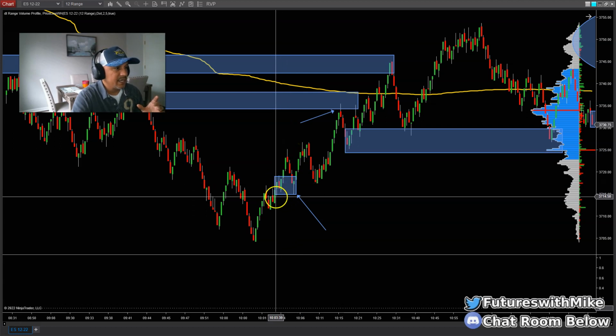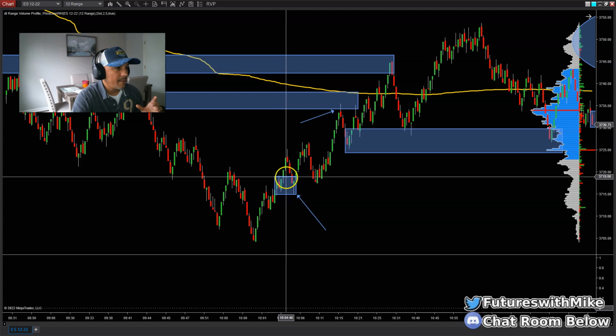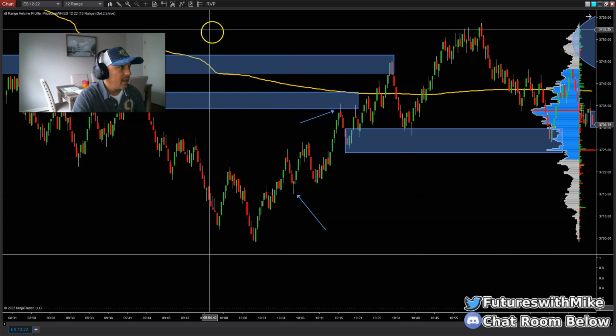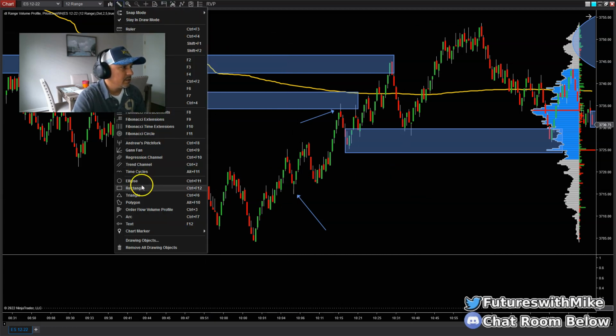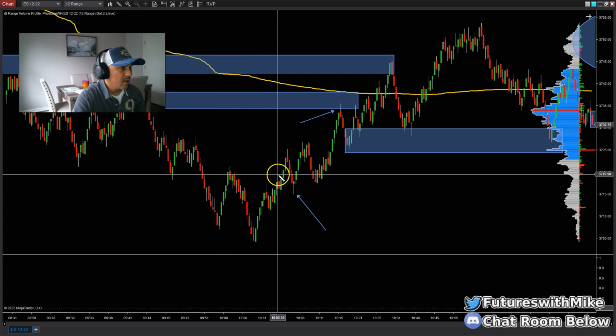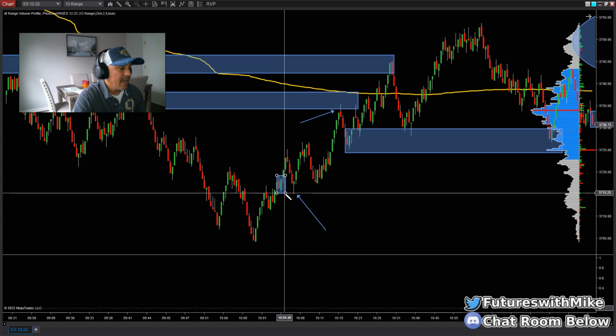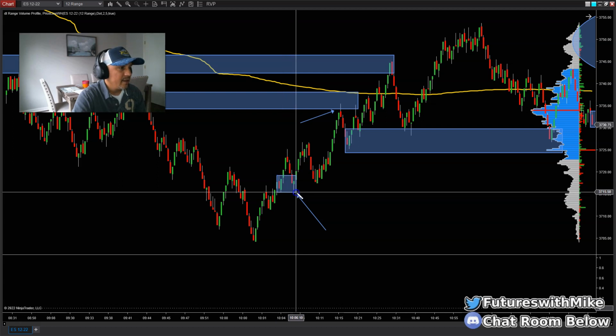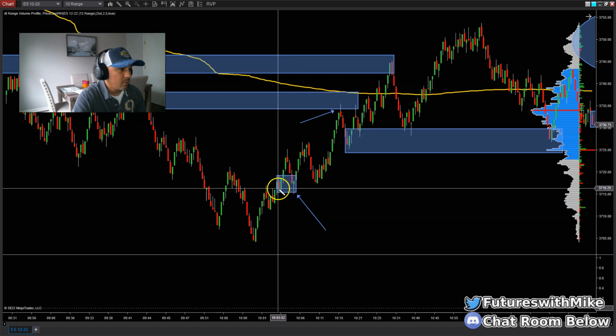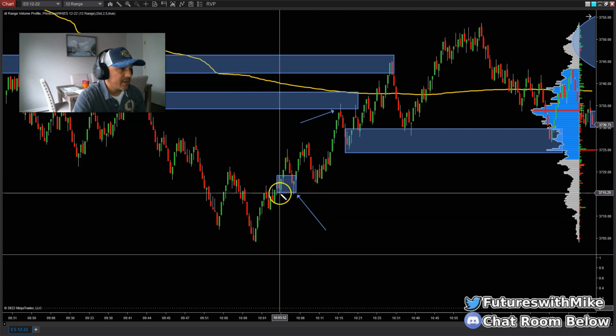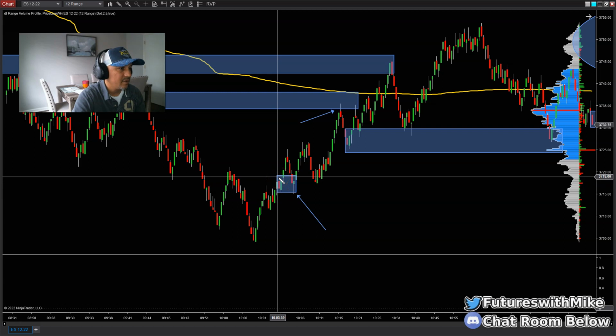The way I do it is I'm going to go ahead and delete this to show you. I simply take a rectangle, go to the top portion of that red candle, down to the bottom portion of that red candle, and because we have a green candle that wicked slightly below that red candle, I include the bottom portion of that green candle up to the upper portion of that red candle, okay?